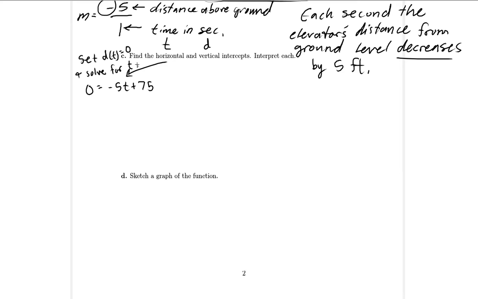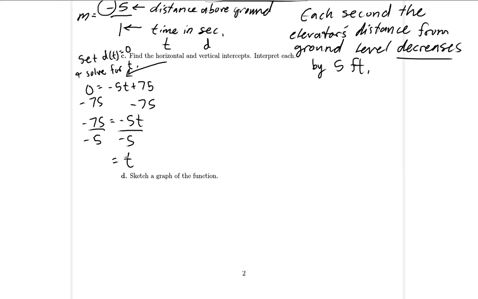Right? Because what we're asking is, when does it cross that horizontal axis? Well, it crosses exactly when your vertical variable is 0. All right, so subtract 75. You can divide by -5.